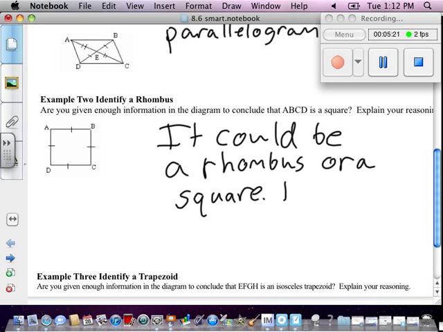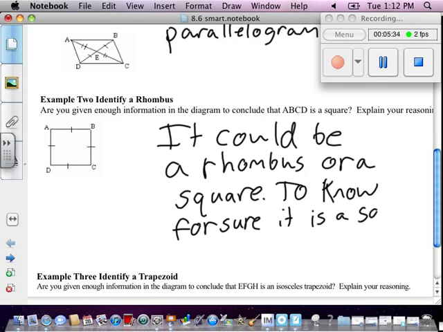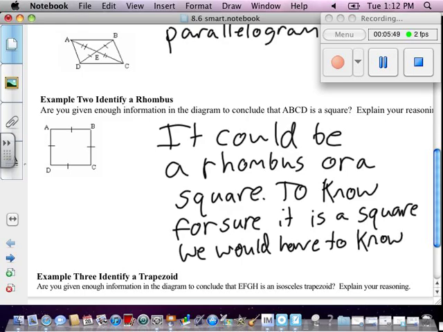To know for sure it's a square, we would have to know the angles. Yeah, you can write for it.